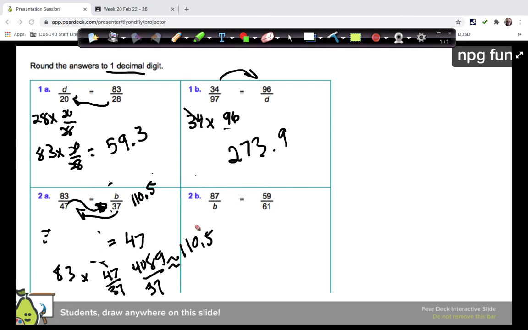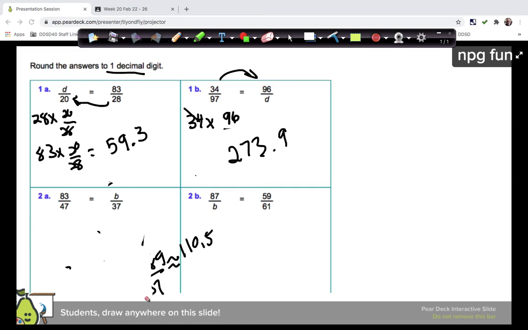And again, I found this 110 and I realized that's too large. That doesn't make sense. It's out of proportion. So we're going to back up and fix that mistake.